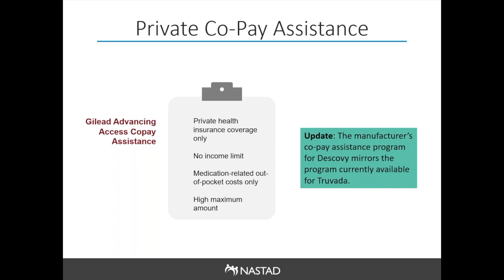This includes medication-related deductibles and copays, and in most cases, it can cover all of the costs associated with the medication. The maximum amount covered by the program is $7,200 per year, and for 2020 plans, the maximum out-of-pocket allowed is $8,200. So the copay assistance card will cover all drug-related costs in the majority of plans.